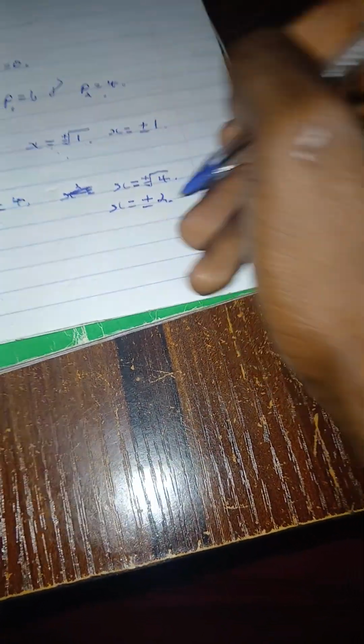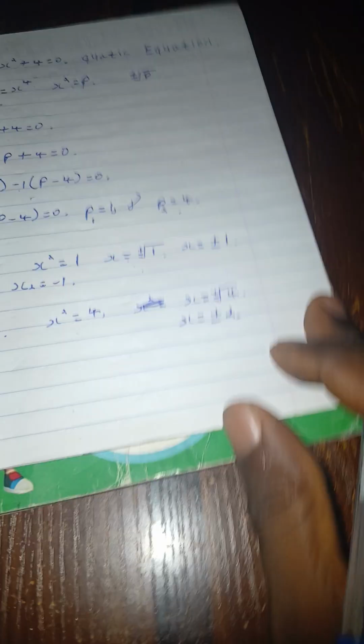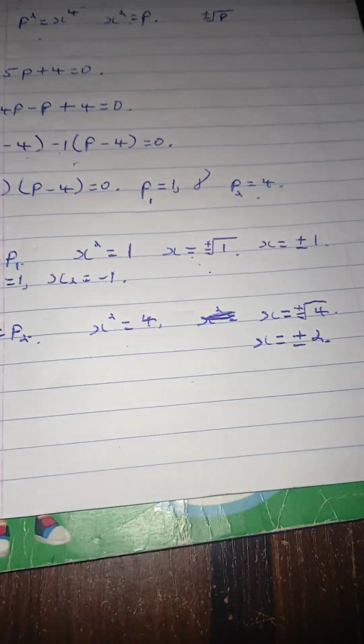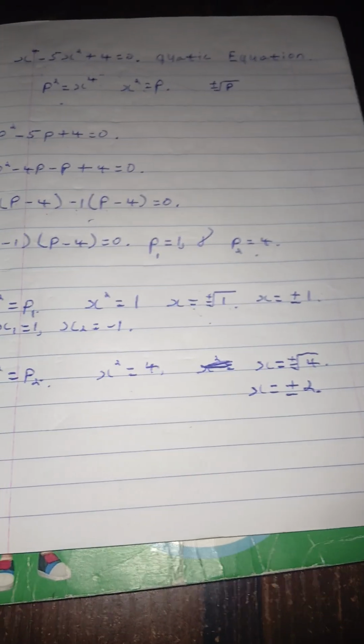The square root of 4 is plus or minus 2, because 2 times 2 will give me 4, and minus 2 times minus 2 will give me 4. That's what I mean by square root. Hope you understand that. So my x3 is equal to plus 2, and my x4 is equal to minus 2.